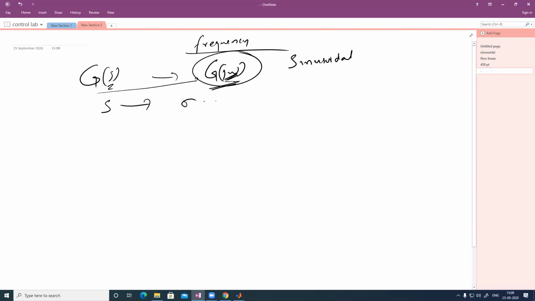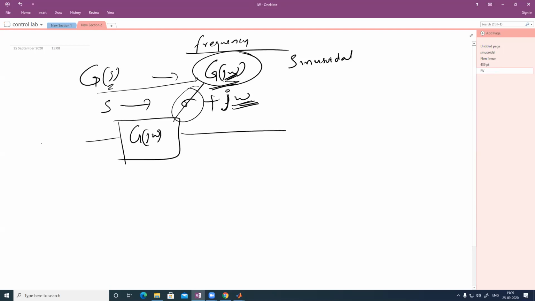Actually, S is equal to sigma plus J omega. The real part you are cancelling and you are taking only the frequency response. So G of J omega is sinusoidal response. You are applying a sine wave and taking the output. This will also be a sine wave with some phase difference.